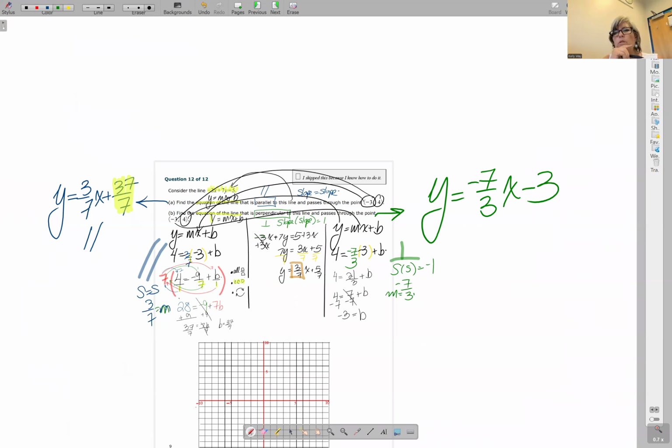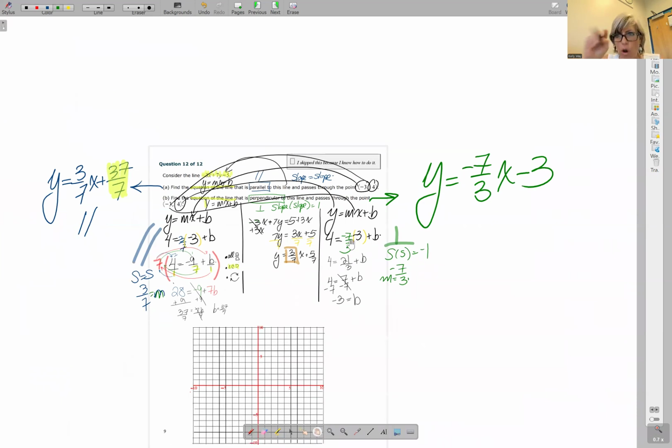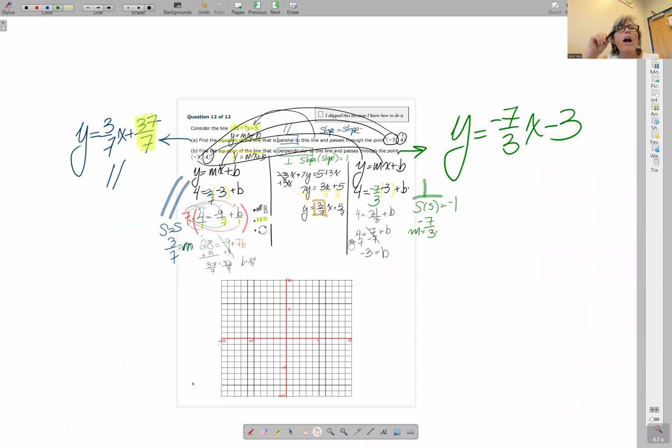If you want to go ahead and graph that, you'll see that everything works together. I'm going to go ahead and graph it so you don't have to graph. I'm just going to show you how it confirms it so that you are comfortable with it. Remember, our original equation is y equals 3/7x plus 5/7.